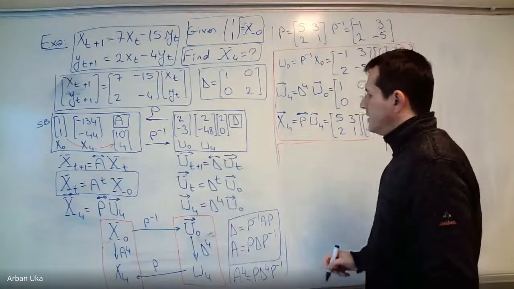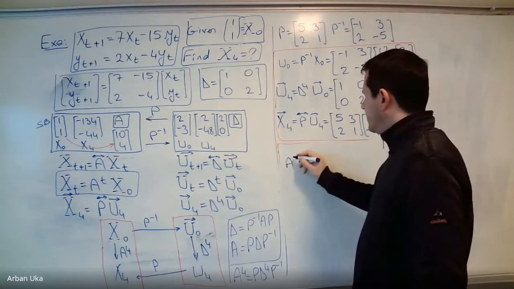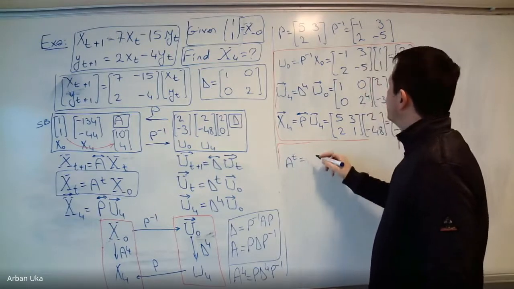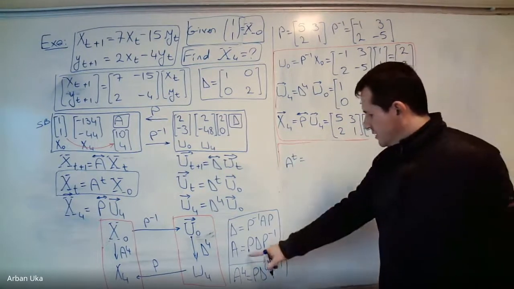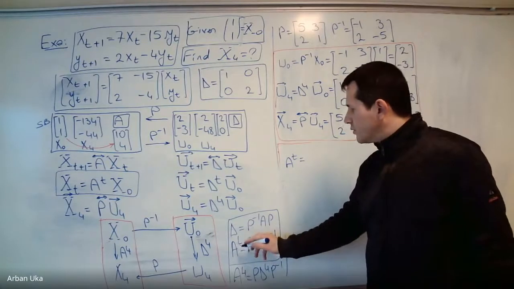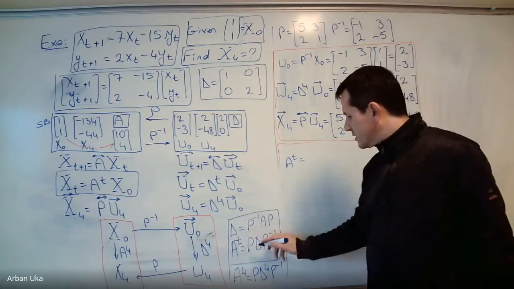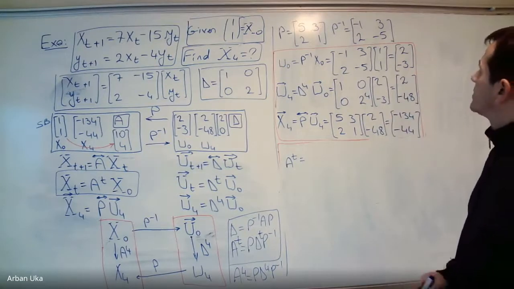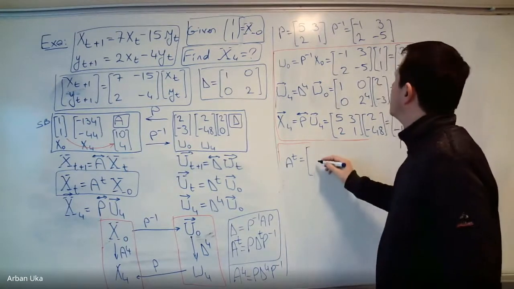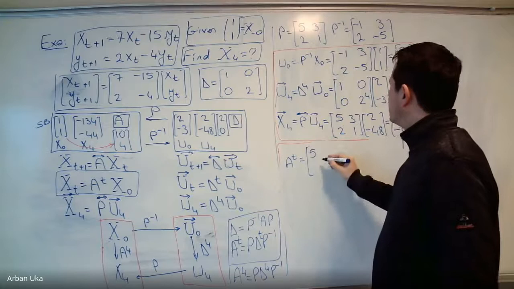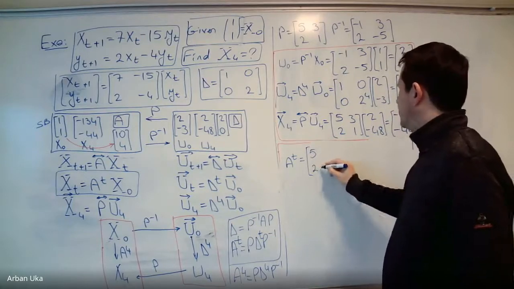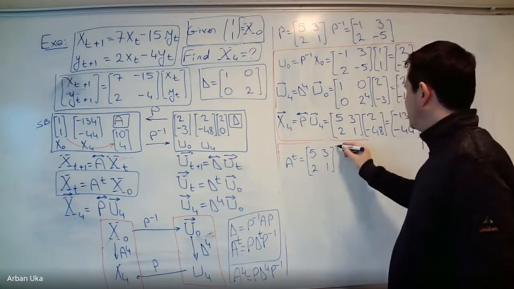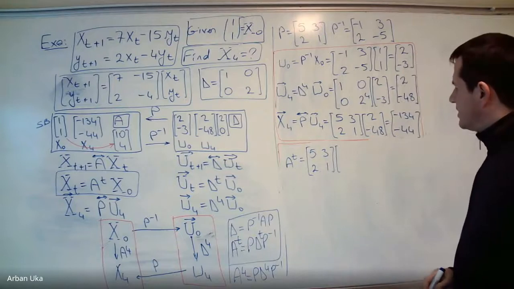So what is A^t? A^t would be equal to P times D^t. P is 5, 1, 2, 3 times D to the power t.